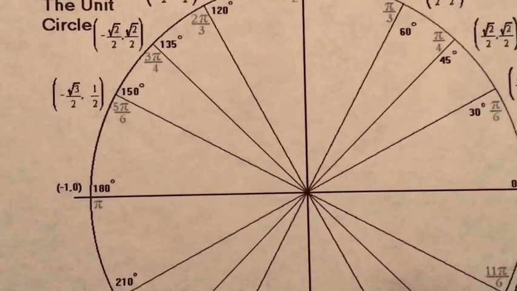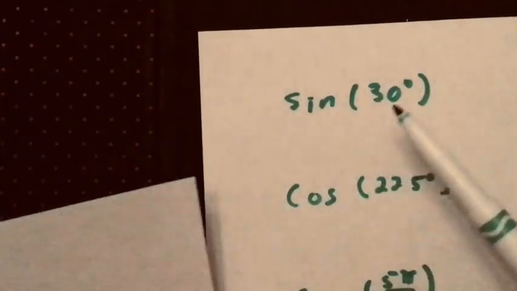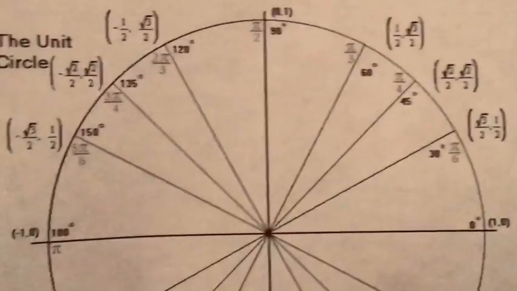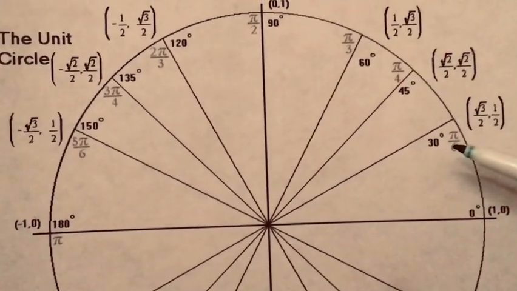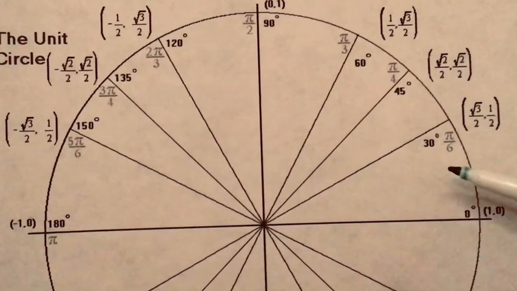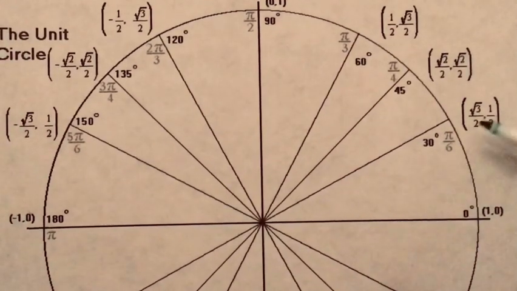Just to give you some quick examples, for degrees, let's say I've got sine of 30 degrees. I look at my unit circle and find 30 degrees. For the sine, we said that was the y value, so I look at the ordered pair.